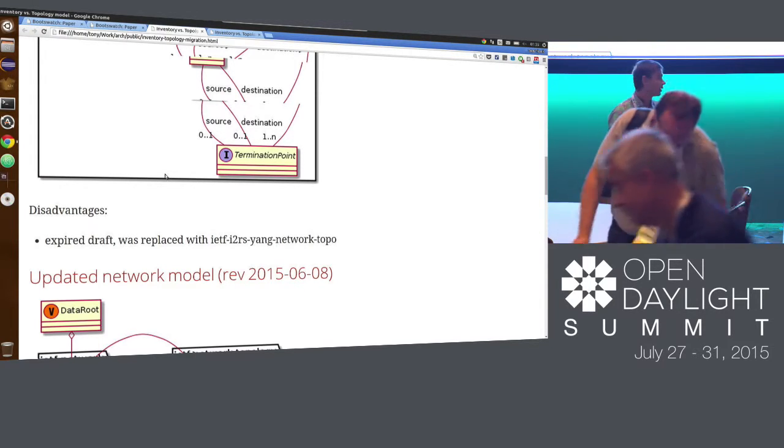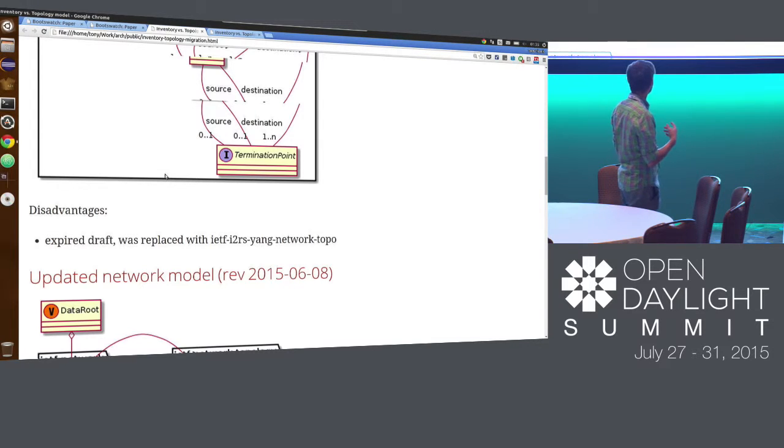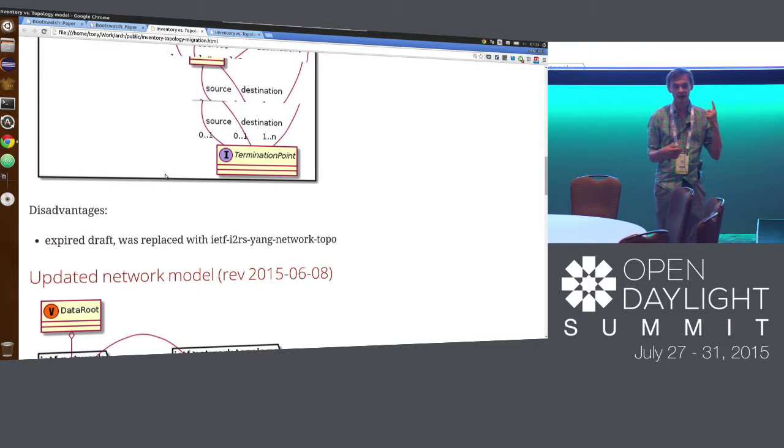Actually, this model, the IETF I2RS YANG Network Topology, is adopted by the I2RS working group and probably has higher chance to be standardized than the older model since it's not revived. And actually, this is moving towards the standardized model.